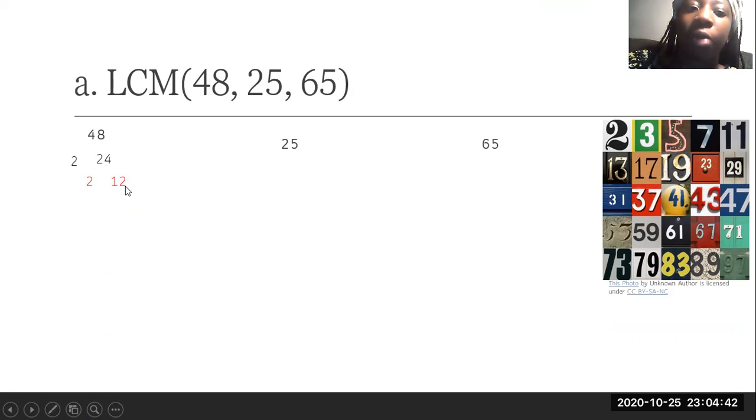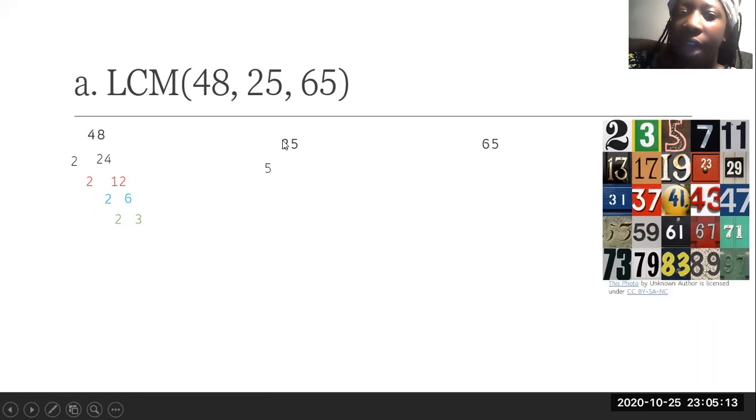How many times can 2 go into 12? The thing is, we have to keep using 2, or keep using the least multiple, until we're not able to divide it by that number again. And then we'll go to the next. So 2 will go into 12 6 times. And 2 times 3 is 6. So that is our multiples for this. So we have 4 2s and 1 3.